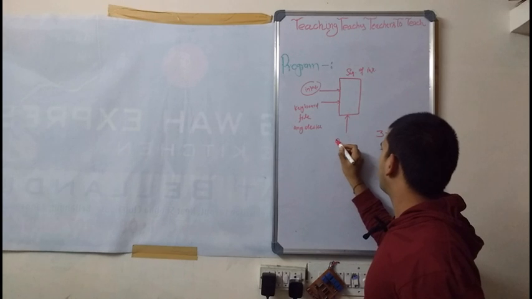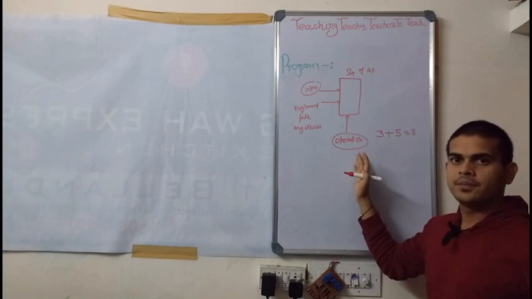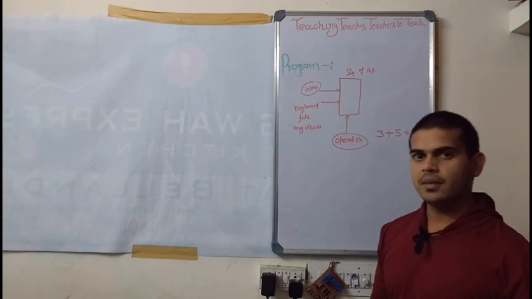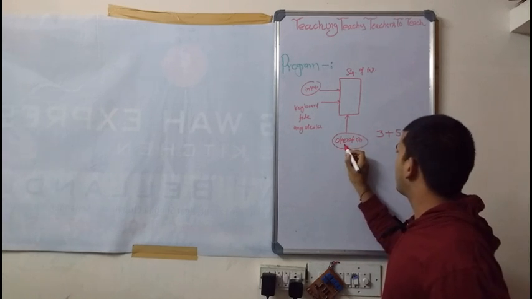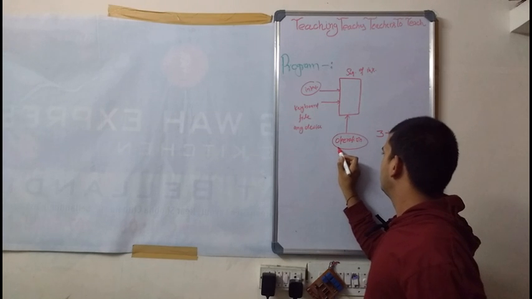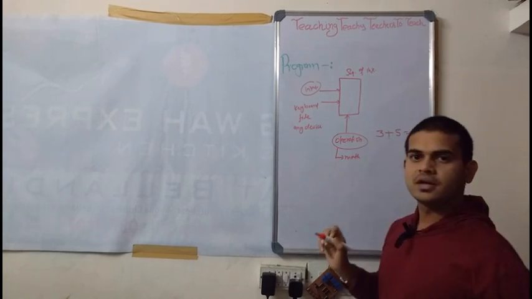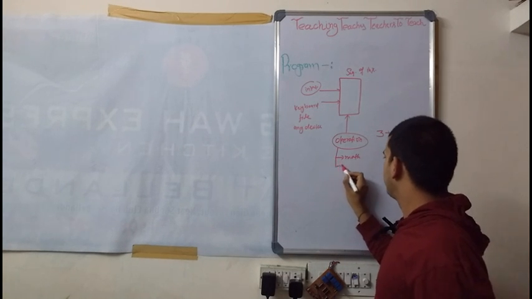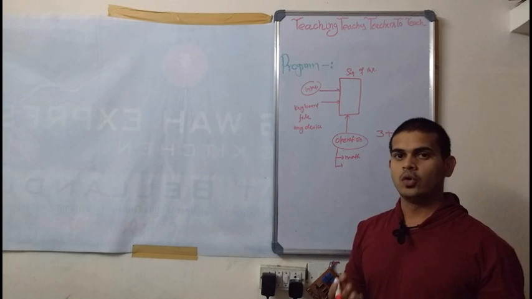Second term is operation. In operation some mathematical logic will come. Here addition is there, so addition will come under the operation category. I can define mathematical terms, and what else can be there? Conditions.